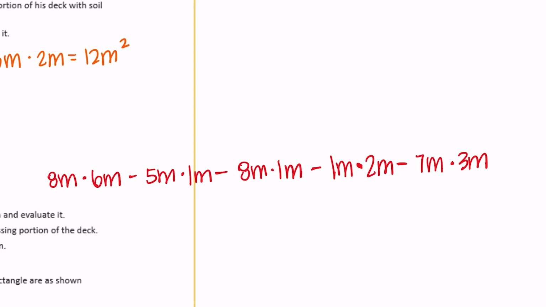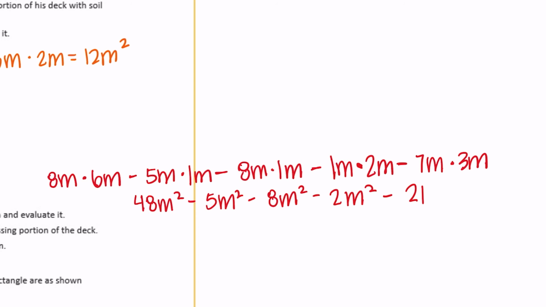So we have 8 meters by 6 meters, which would be 48 meters squared, minus 5 meters by 1 meter, which would be 5 meters squared, minus 8 meters squared, minus 2 meters squared, minus 21 meters squared. All right, I'm going to take all of these and add them together so that I can just subtract them as one.